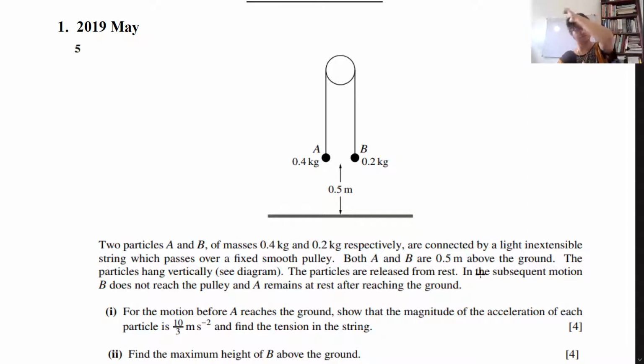So you write the topic, connected particles, and can you quickly copy the diagram? Put question number 1, because you will be having this. You don't need to copy the question.